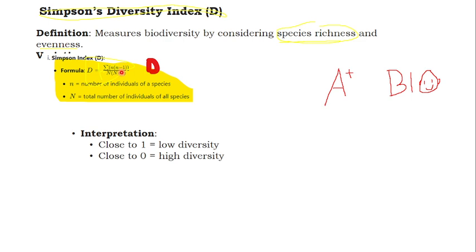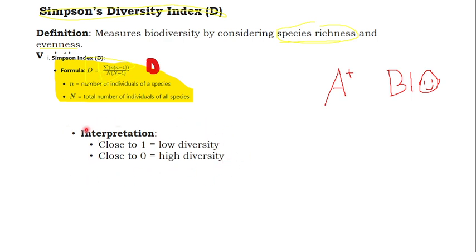But when you have a big number here, 1 minus a big number is closer to 0. Once your Simpson diversity index is closer to 0, it means you have more species, which means higher diversity. I hope you are able to understand how to make the interpretation.